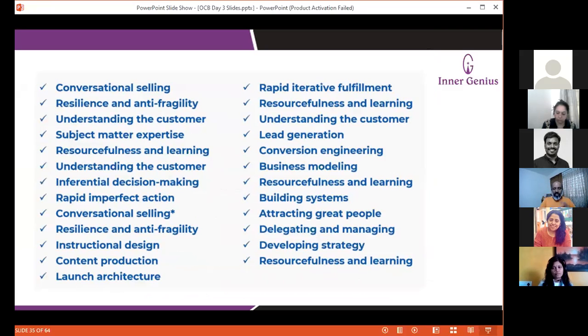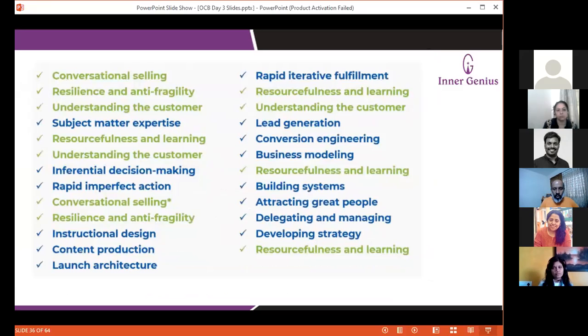But if you take this whole thing and look at it, it will fall under two categories. Whatever is in the green, you must possess. You cannot delegate this. And you will see that many of that are repeating. And whatever is in the blue, you can outsource.